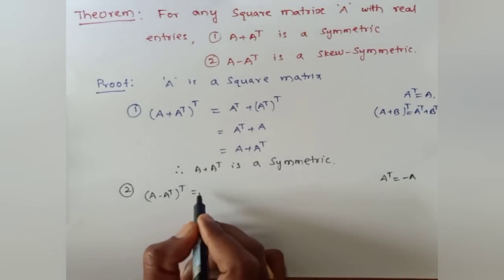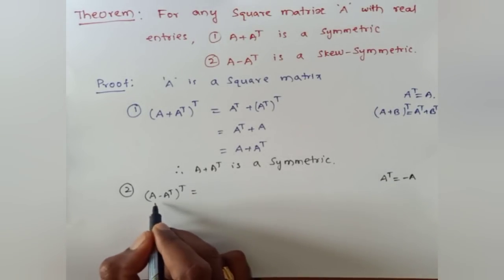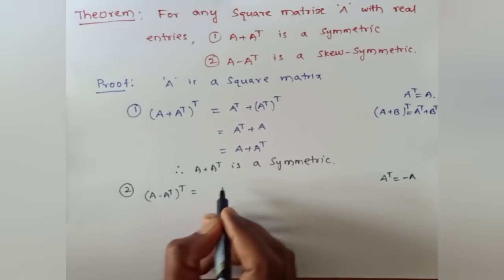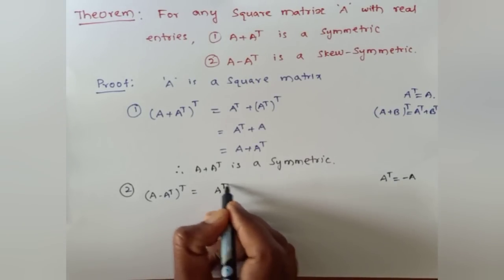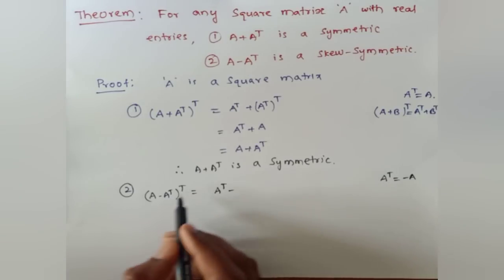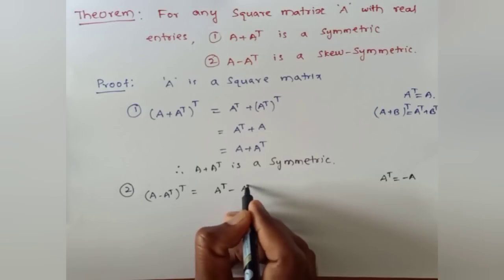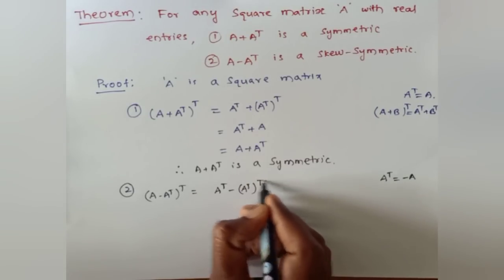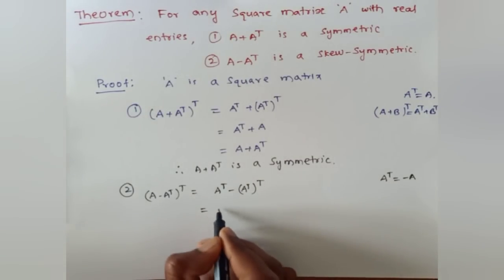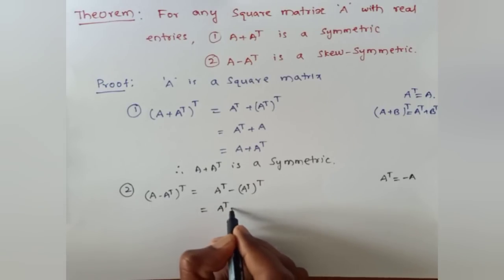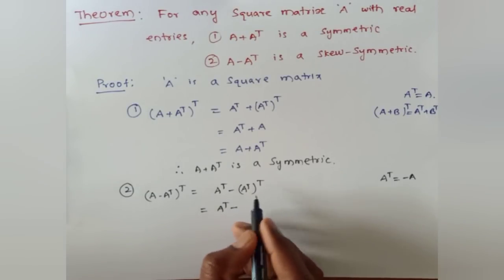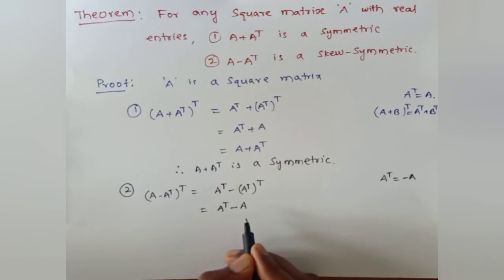It is the A minus B whole transpose form, so it is A transpose minus B transpose, but instead of B, A transpose is there. So we can write this as A transpose minus A transpose whole transpose, which is again A.